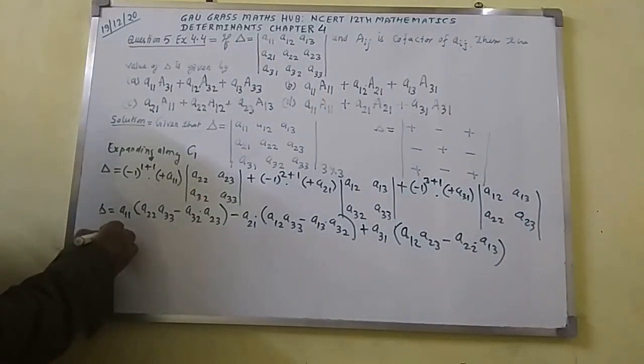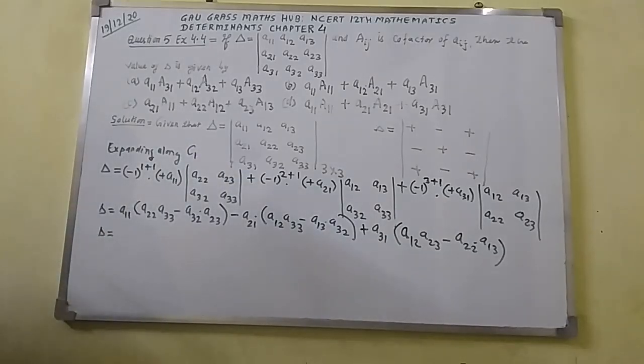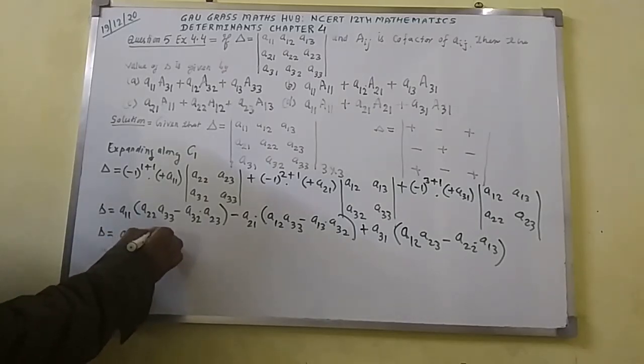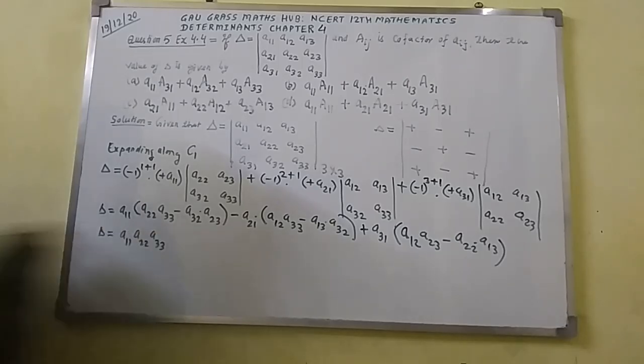Here delta I shall write A11, A22, A33. This thing will be done.